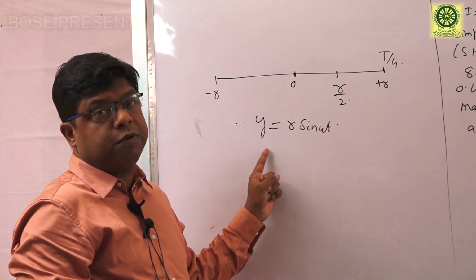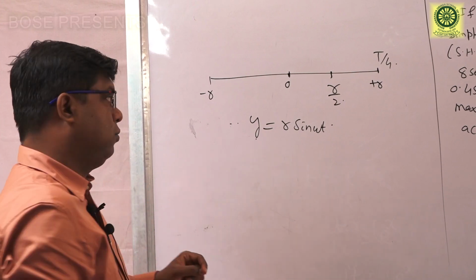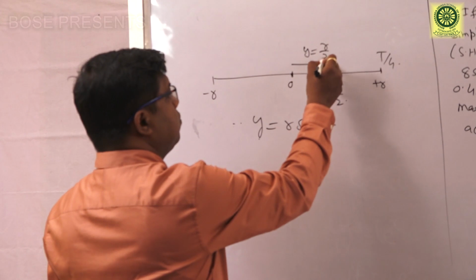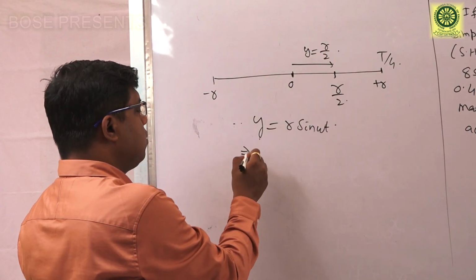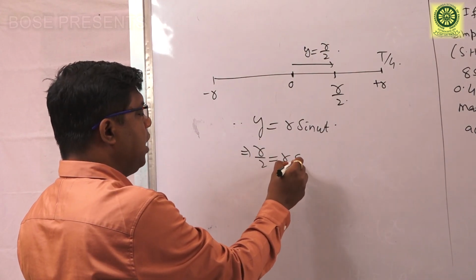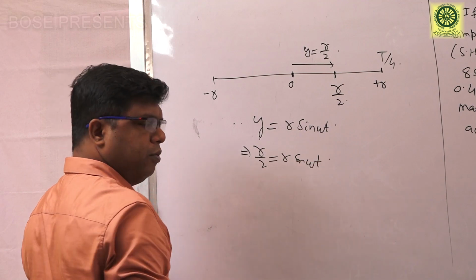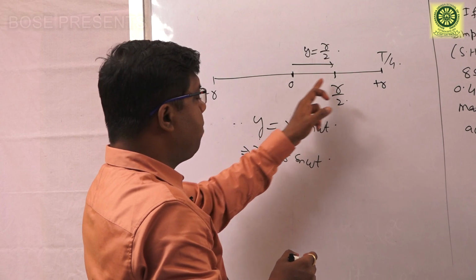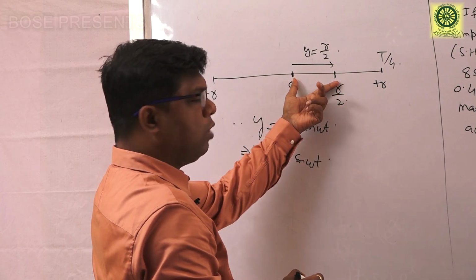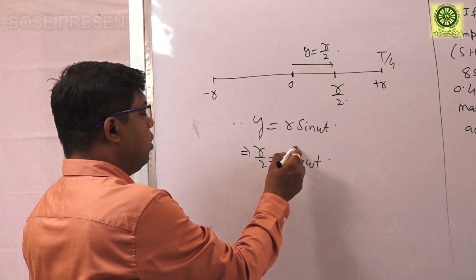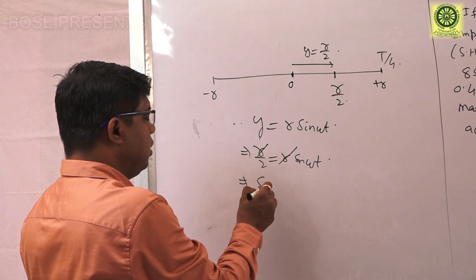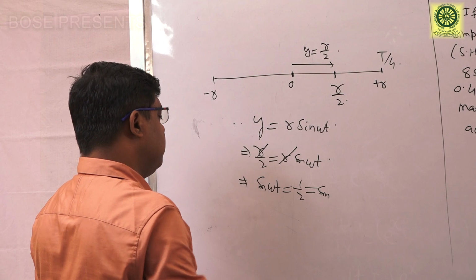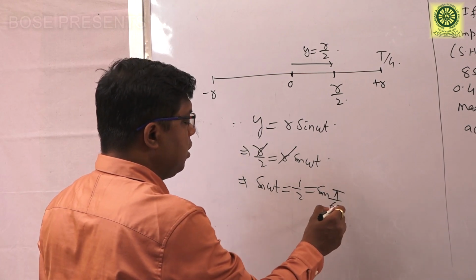So in this case, y is equal to r by 2, that is r sin omega t. Here r is the amplitude, so r cancels, and sin omega t is equal to 1 by 2, that is sin pi by 6, 30 degrees.